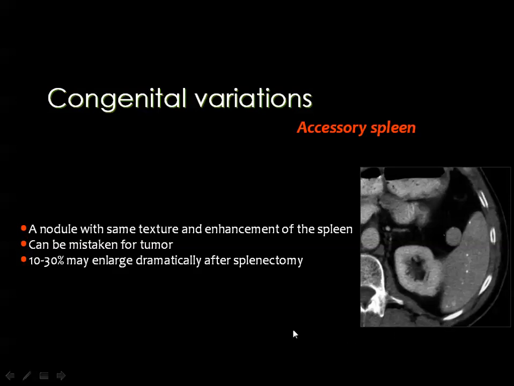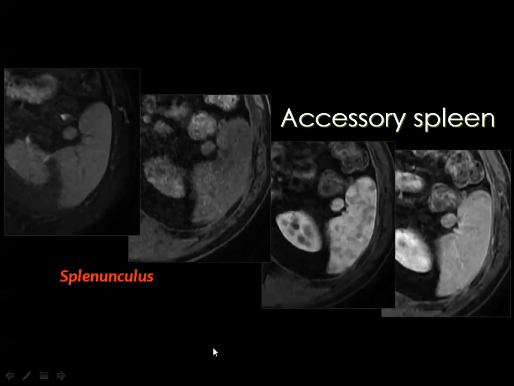As well, in MRI, the splenule will show the same signal intensity as the original spleen in all pulse sequences. One of the major pieces of information about this splenule is that after a splenectomy, it may significantly enlarge to replace the site of the removed spleen.